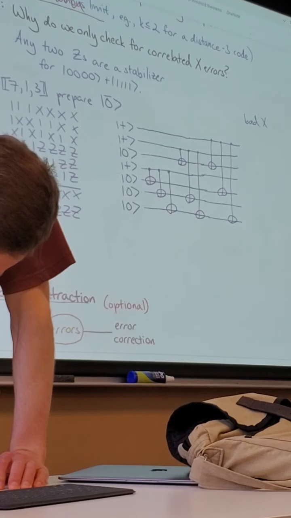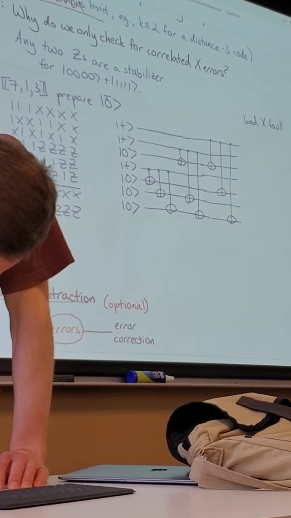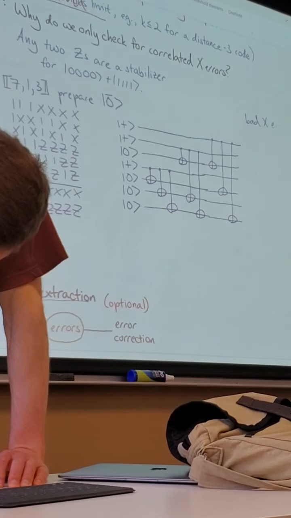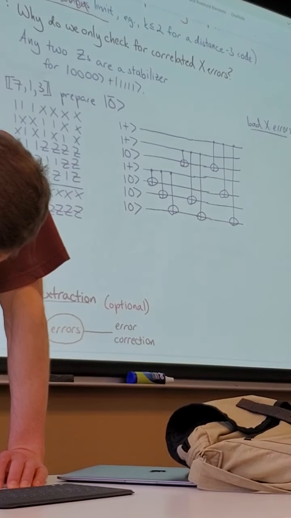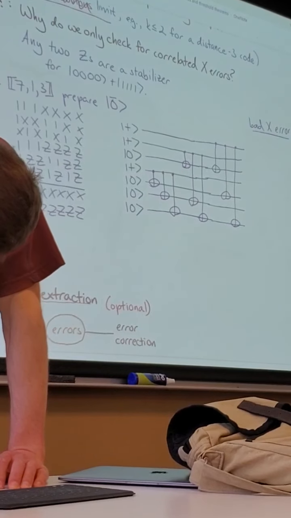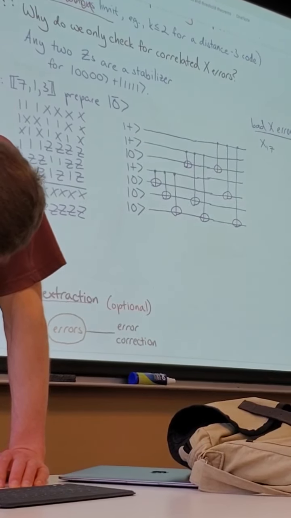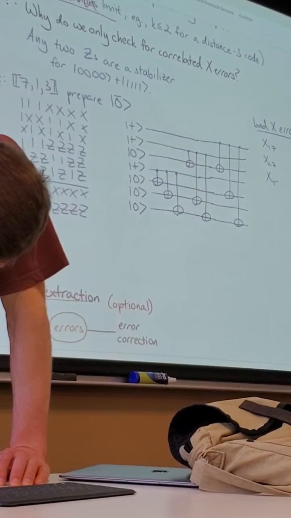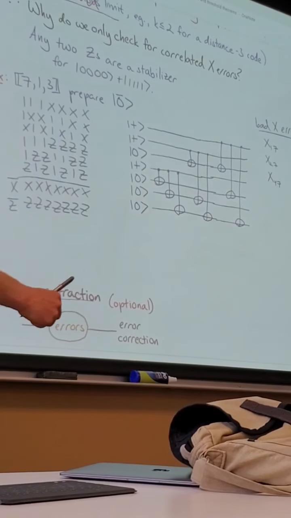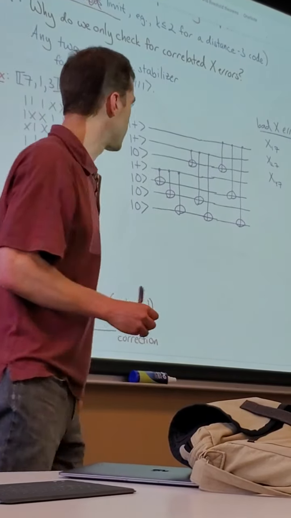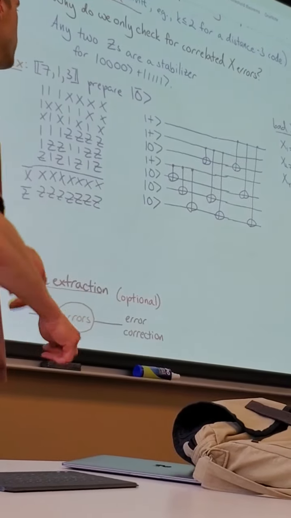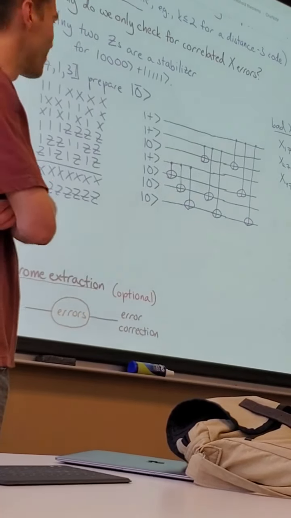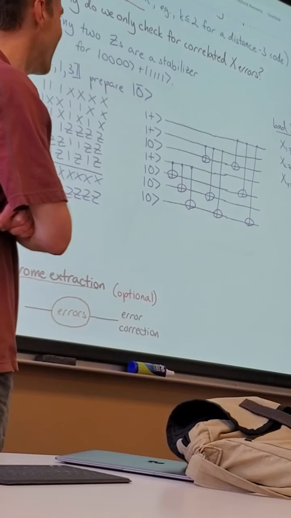Bad X errors. What are they? It's X1 X7, X2 X7, or X4 X7. So we need some circuit that checks all of these. They all have 7, so that's good.